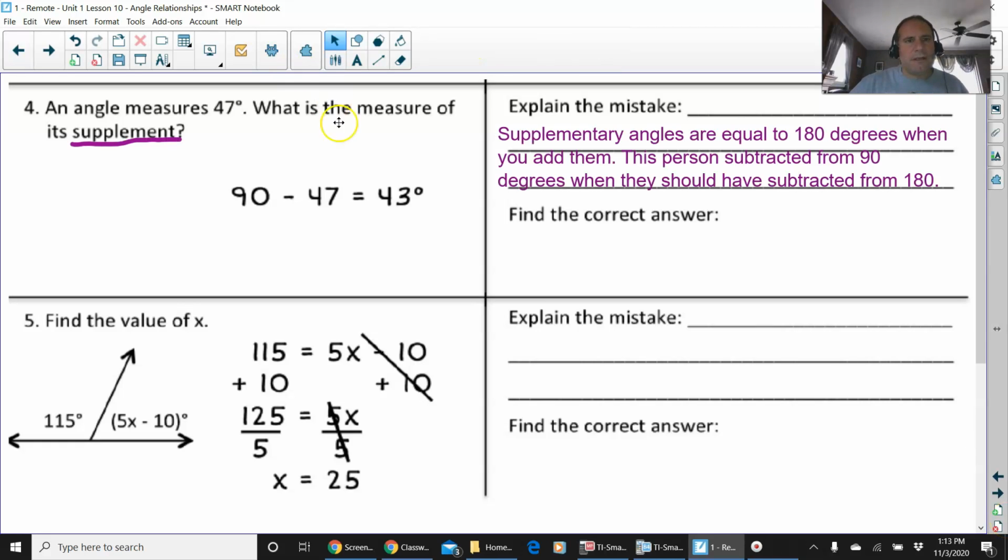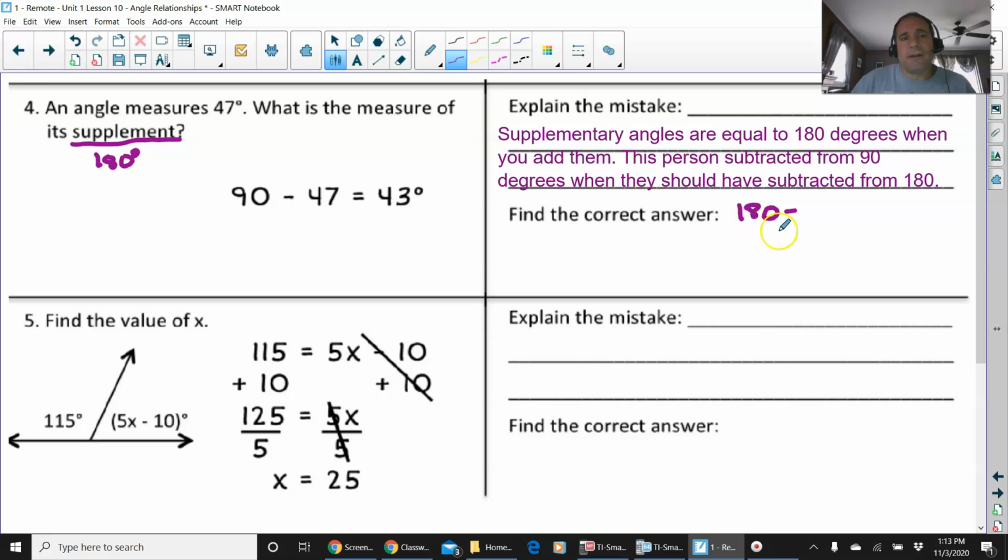Okay, so here we go with the last two questions. Very simple. They're talking about supplementary angles. Supplementary angles equal 180 degrees. When you add them, this person should not have subtracted from 90. So they're finding the complement of 47 when they should have found the supplement.